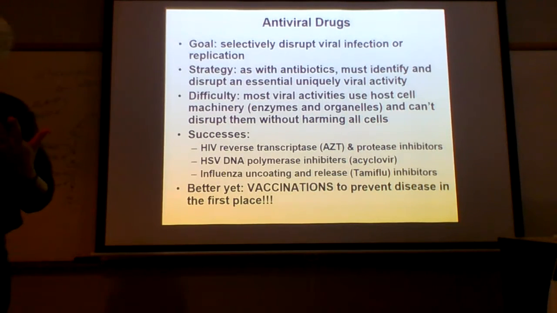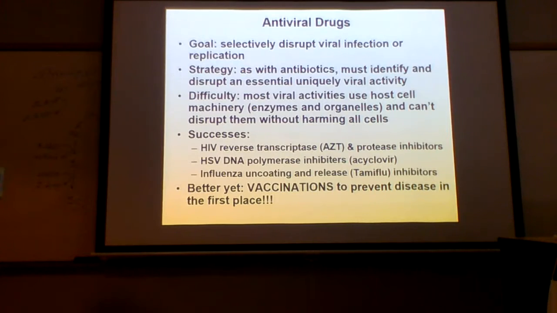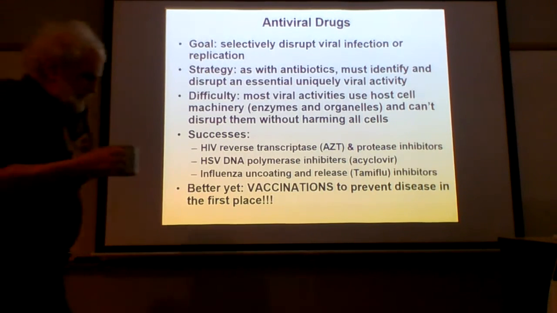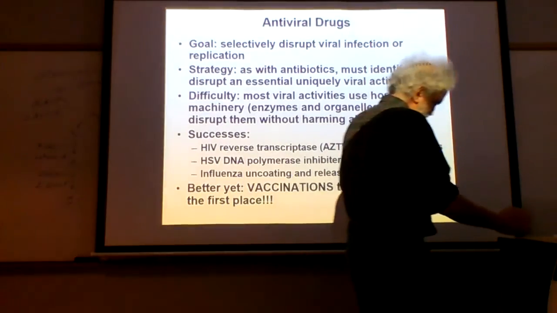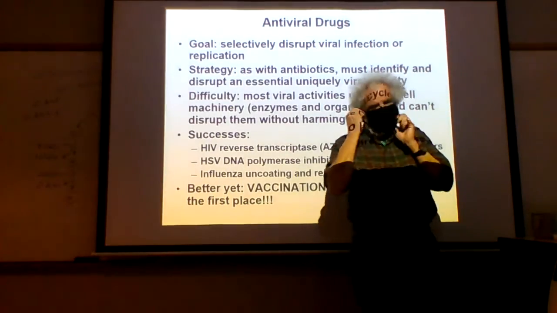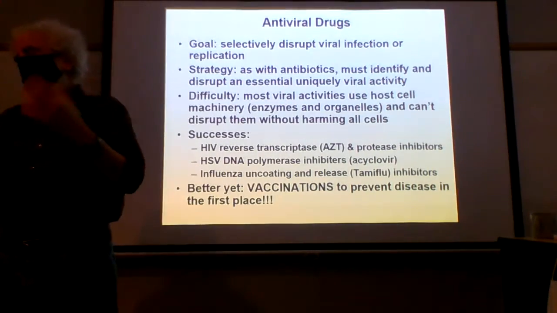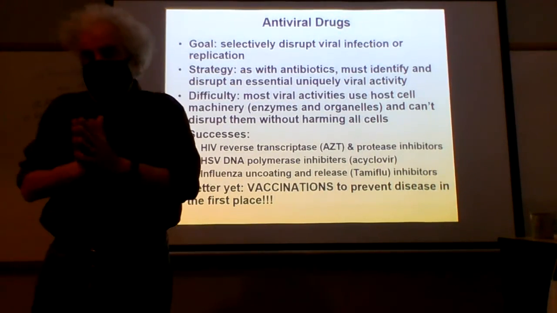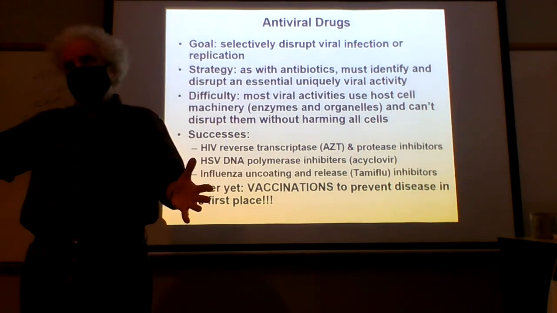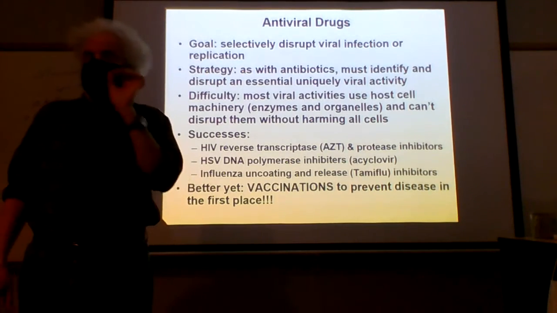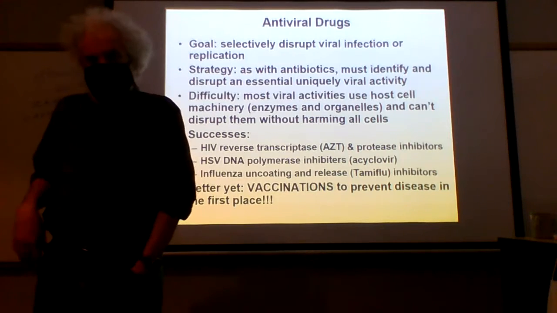There are very few antiviral drugs. Antivirals do exist, but they are going to be specific for certain viruses. I mean, antibiotics are specific for certain bacteria, but it's very broad classes of bacteria. But antivirals are often very specific to a virus.